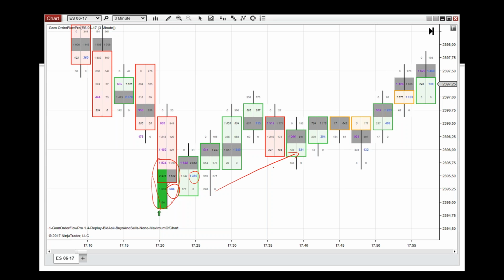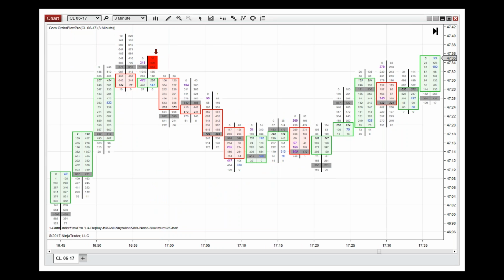Okay. So you must be very wary with this kind of signal. This is an indicator that is included in the order flow. It's the reversal indicator. It gives you clues, but you really need to put this in perspective, okay? And there's an example here on the other side.